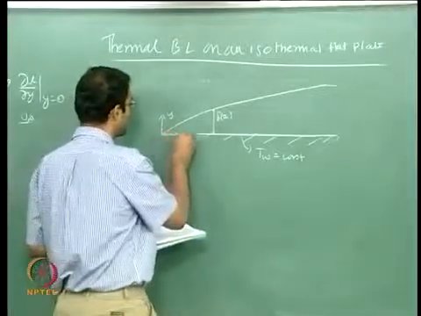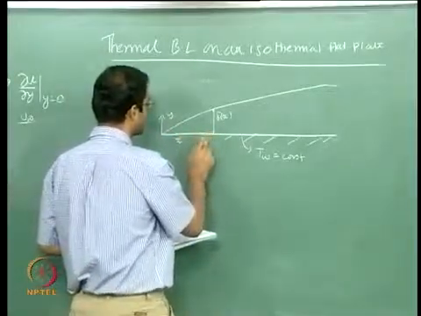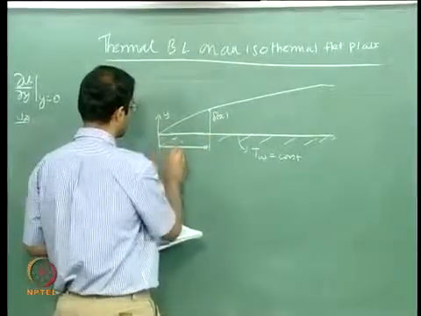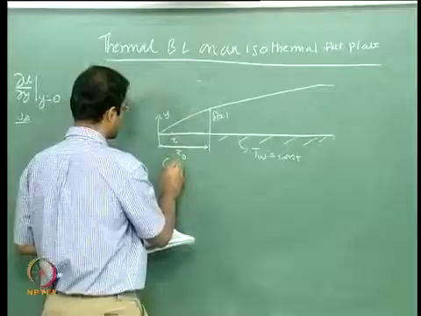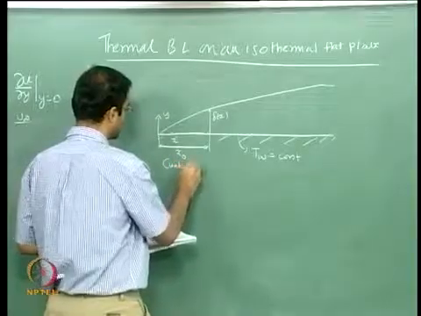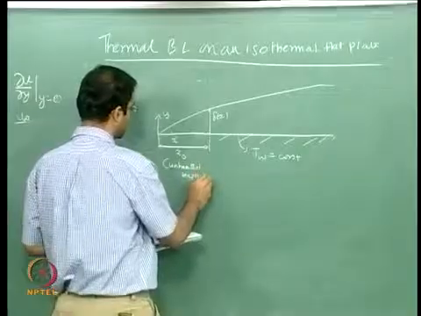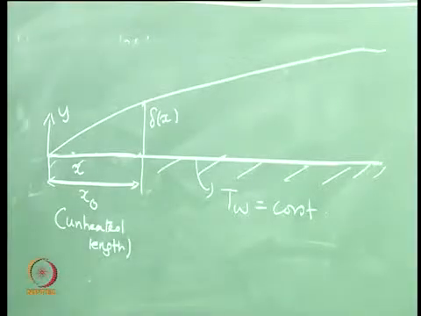Okay, and you can start the heating after some certain distance, so that distance will be x naught. Okay, so this x naught is your unheated length. Okay, in order to get a generic solution, for the case where your x naught equal to 0, the plate is completely heated right from the beginning.